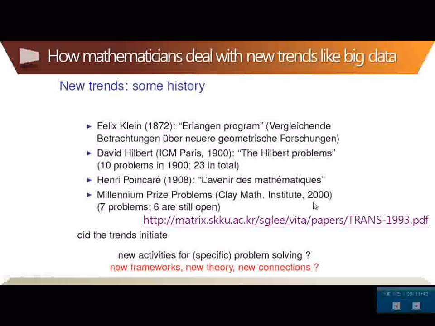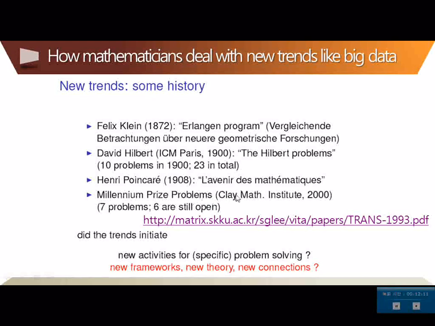In the year 2000, the Clay Math Institute proposed the Millennium Problems, which carry a $1 million prize. They proposed 7 problems for the prize; one has been solved, and the rest have not been solved yet.